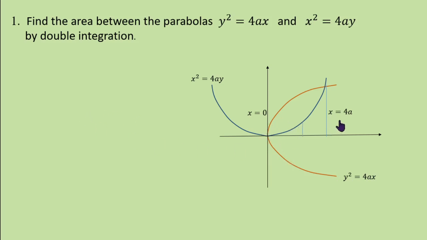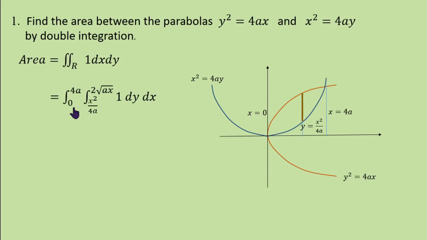for each x from 0 to 4a, y from x square by 4a to root 4ax or 2 root ax. Therefore, x varies from 0 to 4a, and for each x, y varies from x square by 4a to 2 root ax.